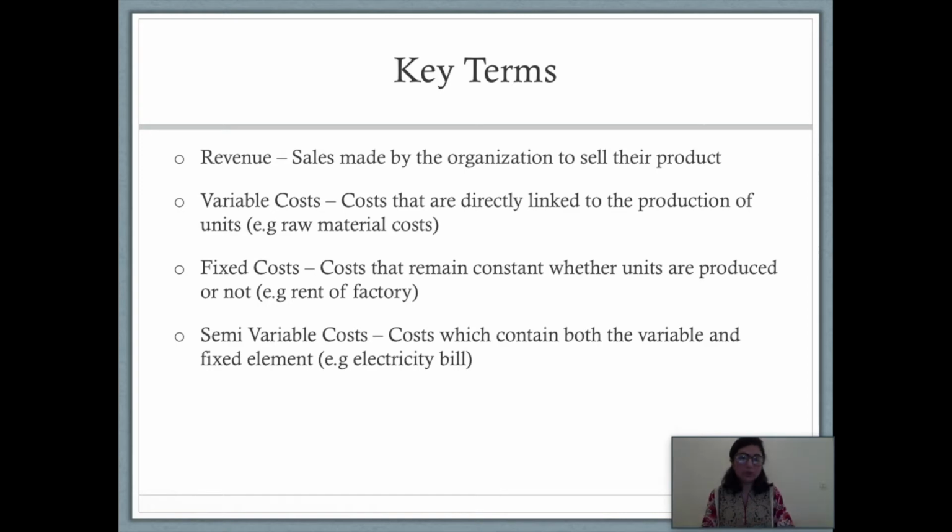But the line rent that you're paying on a monthly basis, whether you're making calls or not, you're still paying it, is known as the fixed element. So there are some costs that are semi-variable. That means there is a variable portion in it and there is a fixed portion in it.